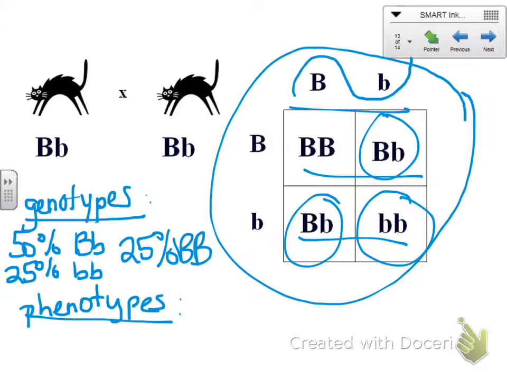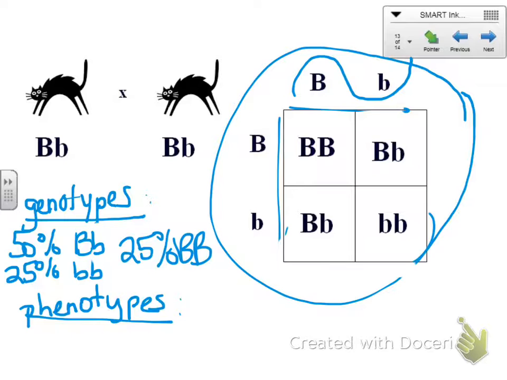Okay, so we've set up our problem. We've got genotypes. Now let's look at phenotypes. What are these cats going to look like? Let's just go through it real quick. Big B, what's it going to look like, class? Black. Big B, little b. Big B, little b. Little b, little b. So what are our phenotypes and what are our percentages?